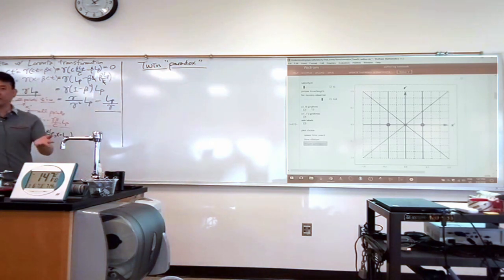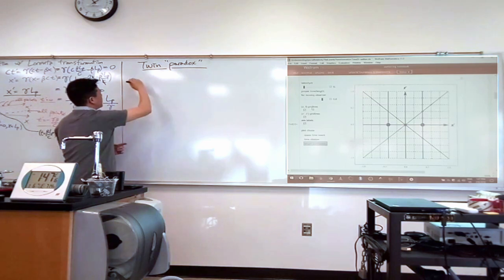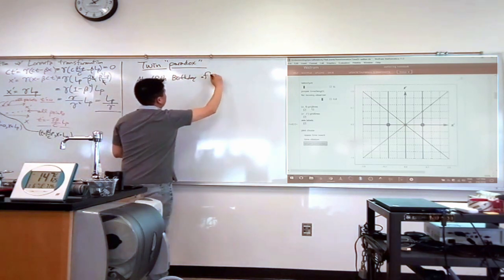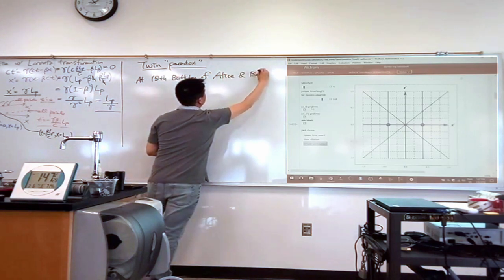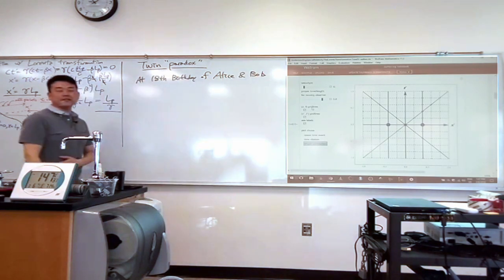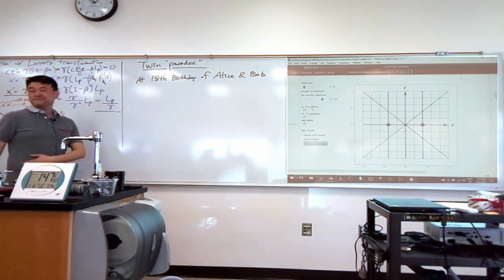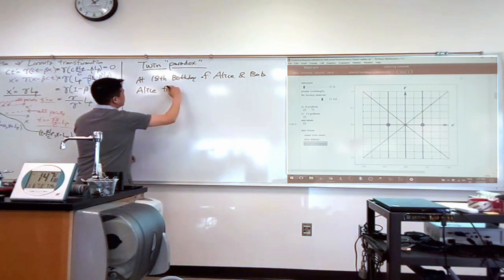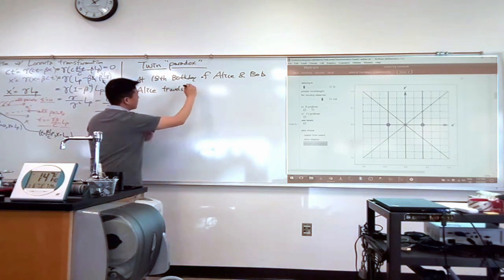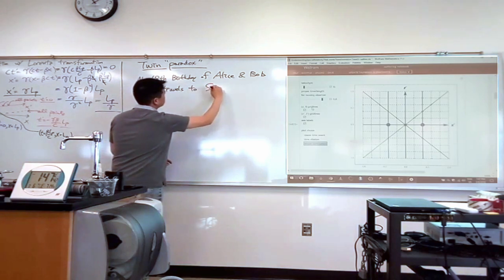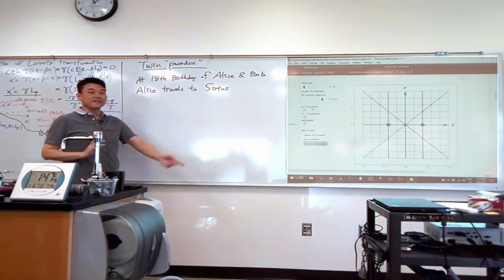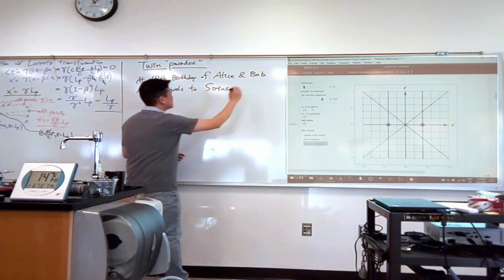They are fraternal twins. At the 18th birthday of Alice and Bob, who do you want to be the astronaut, Alice or Bob? Let's say Alice, okay. Alice travels to Sirius, which I'm going to pretend is 10 light years away. It's probably something close to 10 light years.